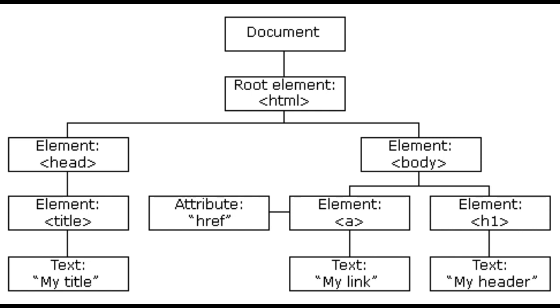I have added a link to that in the cards and in the description. Inside the root element, that is the HTML element, we have head and body tag, and they have several children of their own. We have attributes that are associated with some nodes and values like text that are given to some nodes. These are all considered as nodes themselves.